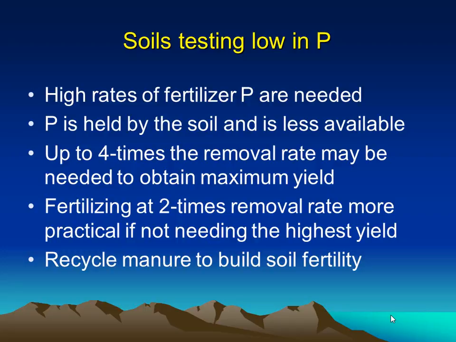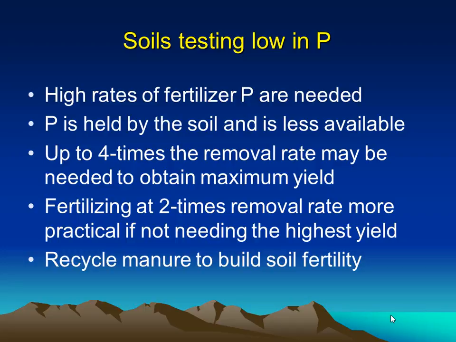Now, I do computer modeling as well as other things. Computers help us synthesize data to get a better feeling for what's going on. So based on my little computer model and the data out of West Virginia that we have, probably you don't go with that 4 times removal rate, go with 2 times.